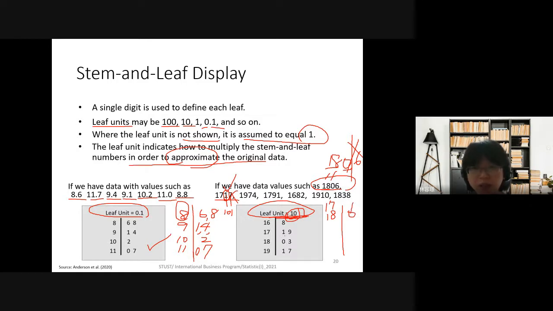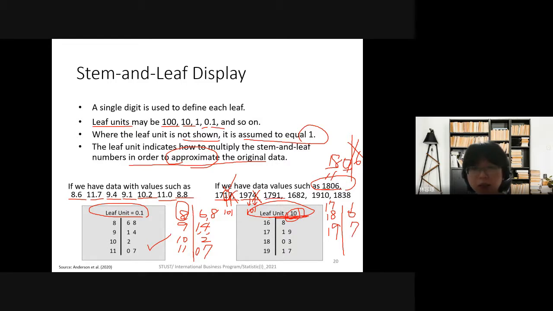So here, what we write down will be 17, 1. The other is 1974. Because our leaf unit is 10, this unit is 1, this unit is 10, and anything less than the unit we neglect. So here we write down 19, 7.